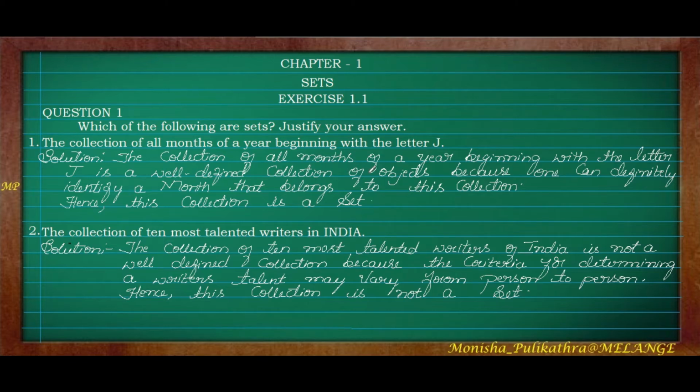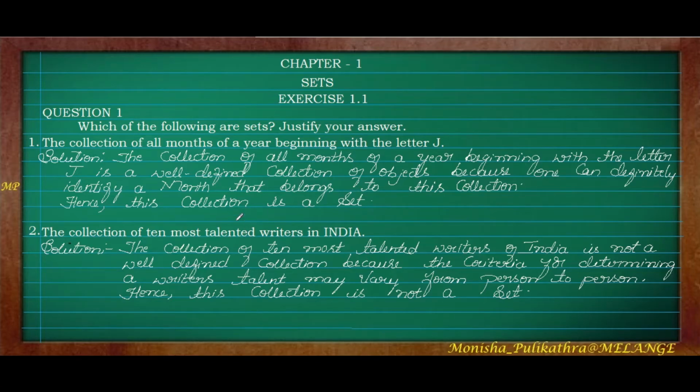This question is a well-defined object because one can definitely identify a month that belongs to this collection. Everyone can identify the name of a month starting from letter J: January, June, July. So this type of countable statement falls under the collection of set. So we can directly write: hence this collection is a set.